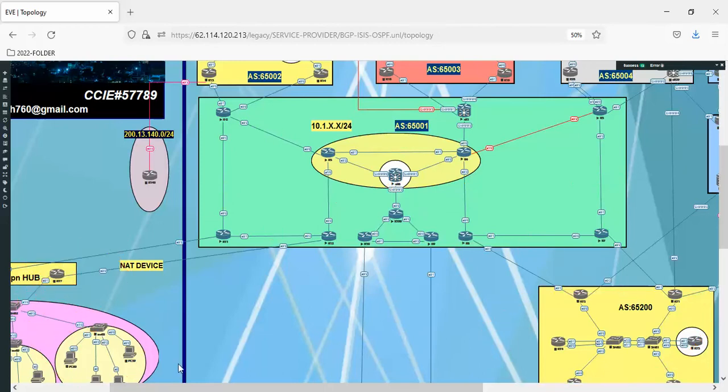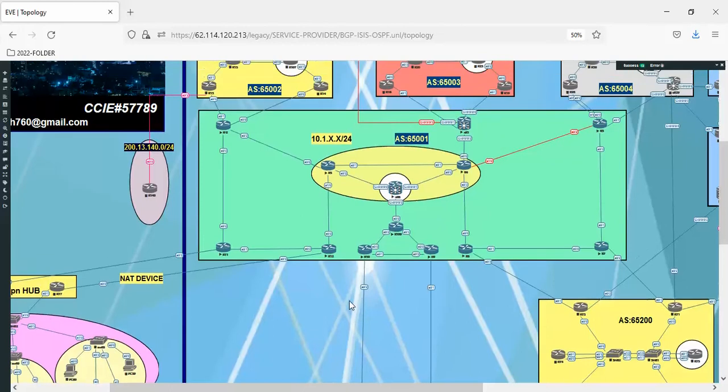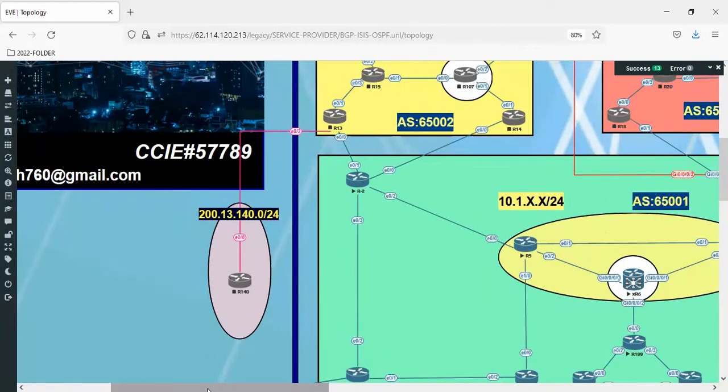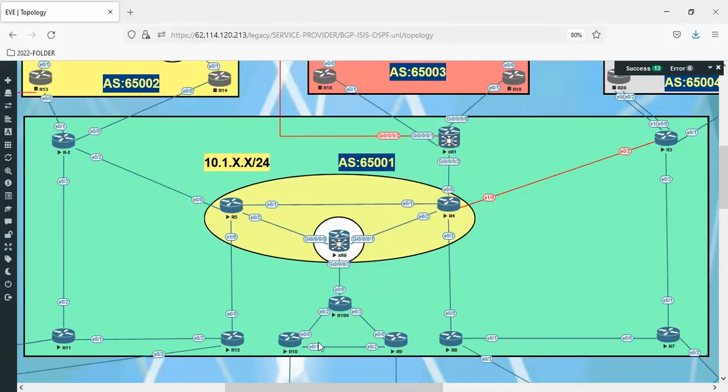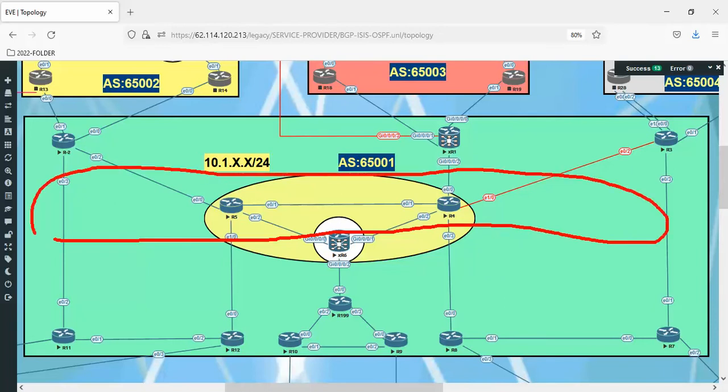Alright? So this is from the external network perspective. This is from a customer perspective. But what about the service provider perspective? Imagine that you are running OSPF in this topology, all in area 0, and this is the IGP, and over the IGP you're running BGP on all the routers in the autonomous system, based on your loopback interface on each router.